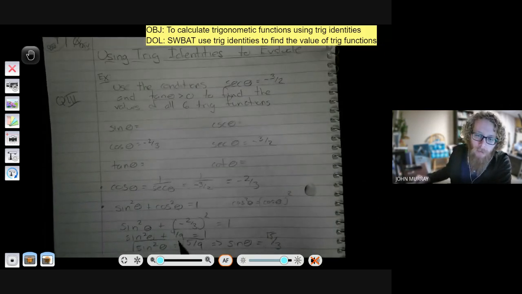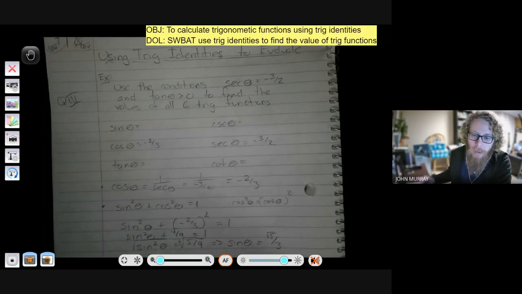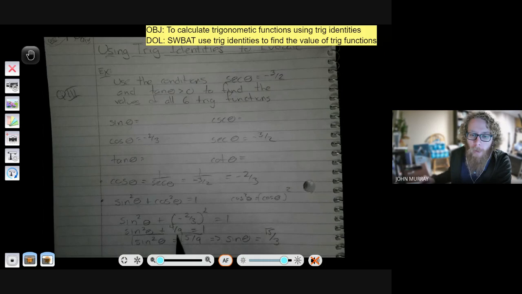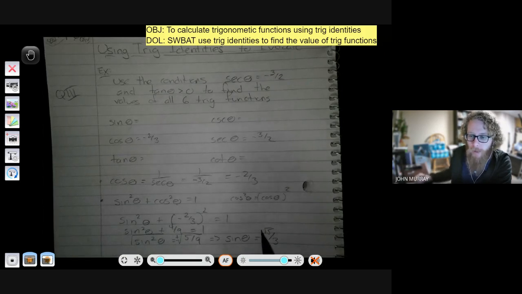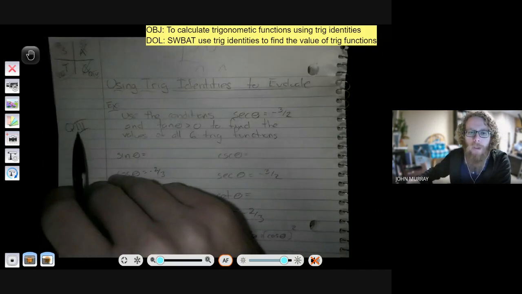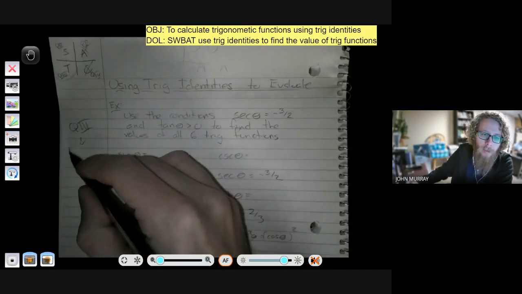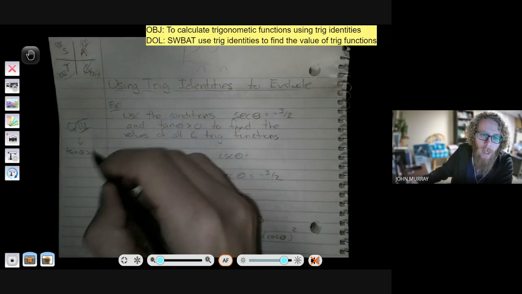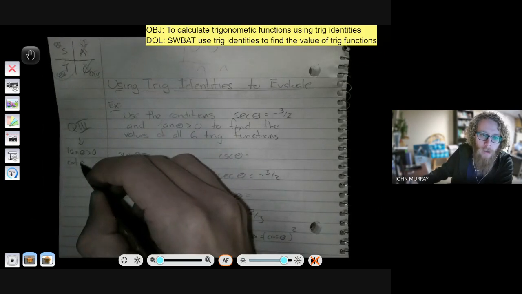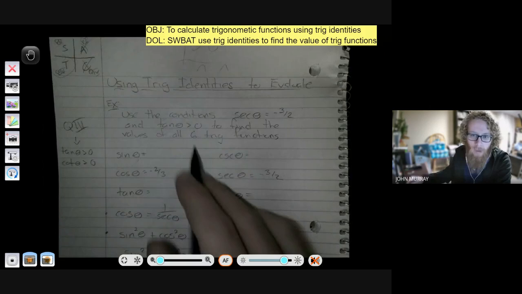The reason I want that is because when we take the square root, remember, we have to decide: is it positive or is it negative? Well, because we're in quadrant 3, the only things that are positive are tangent and cotangent, right?